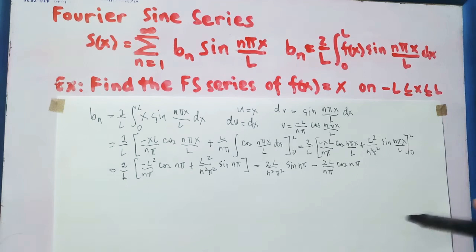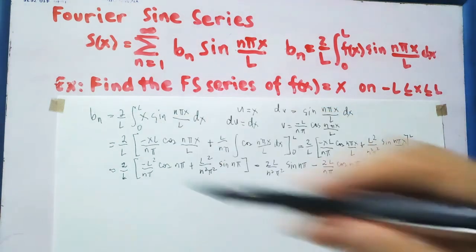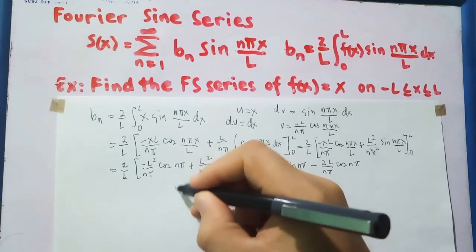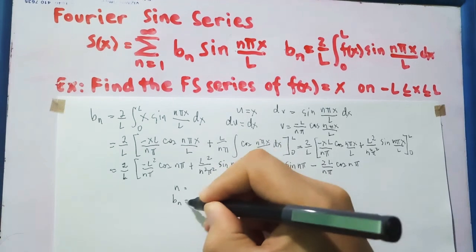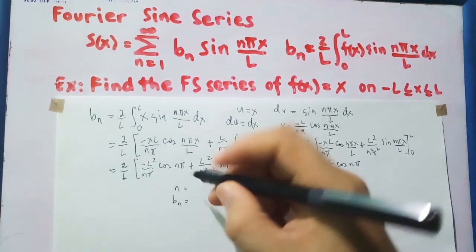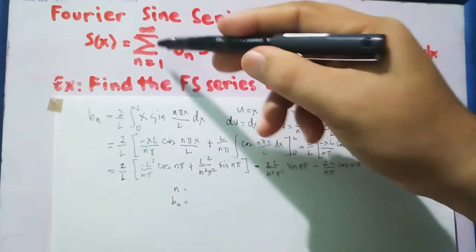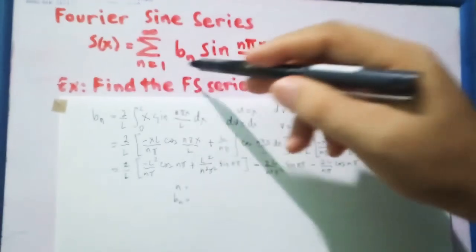Okay. Now, after we have this one, we will substitute the value of n to determine the value of b sub n. This is our b sub n. If we substitute the value of n, because we have here the summation of your function, when n is equal to 1.